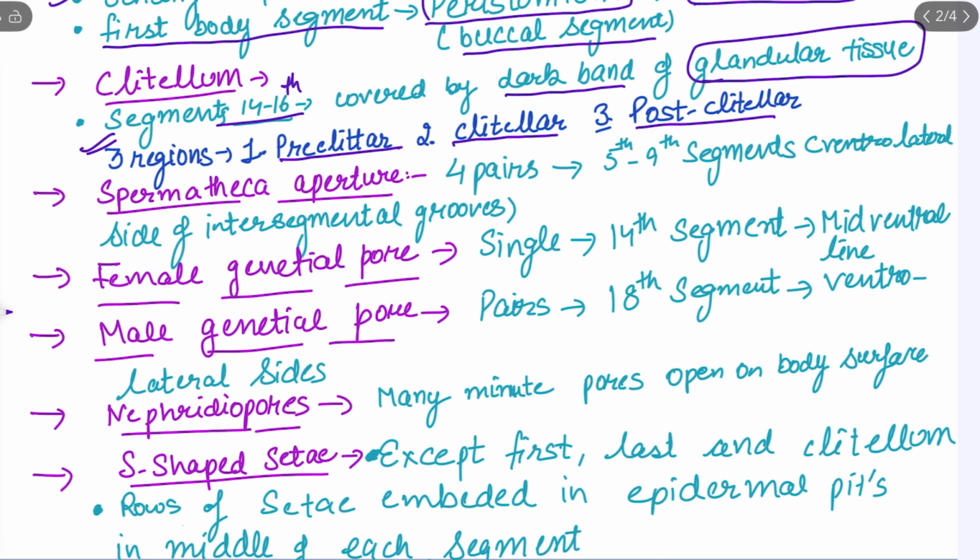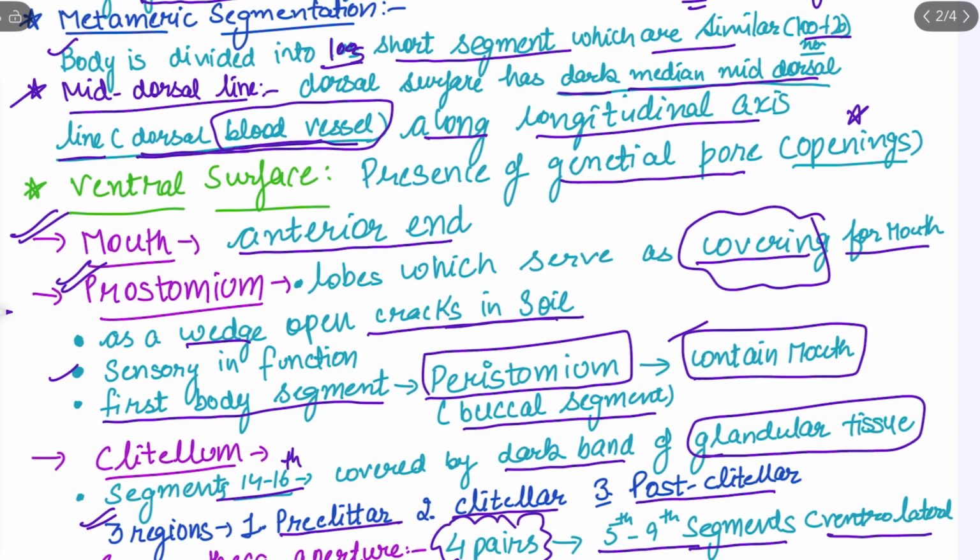Now next is the spermathecal aperture. It is basically an aperture in which sperms are stored. There are four pairs, present at the 5th to 9th segments at the ventrolateral side of the intersegmental grooves.